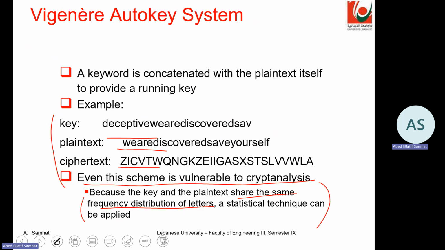Because we are working on letters, it's possible to have a statistical technique and to recover them. It's also possible to concatenate the keyword with the plain text, like here, for example.